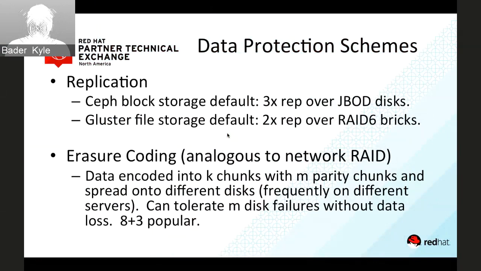All of these different chunks, both the ones from the original object and the parity chunks, are then distributed across the cluster according to the CRUSH mapping. In this way, if you lose one of those chunks, it can be reconstituted from the parity, or in the case of loss of parity bits, they can be recalculated from the original chunks.